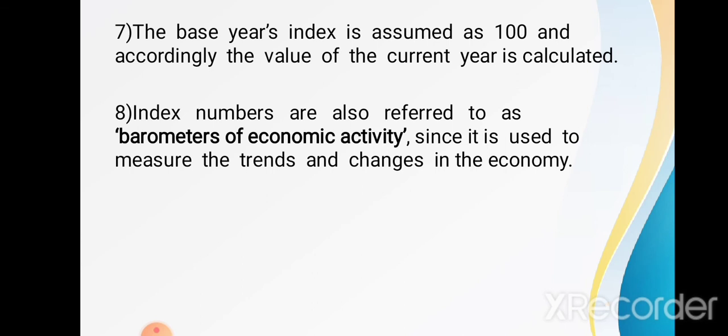Now let us see the seventh feature of index number. What does the seventh feature say? The seventh feature is that the index number is assumed as 100. The base year's index number is always assumed as 100, and accordingly the value of the current year is calculated.